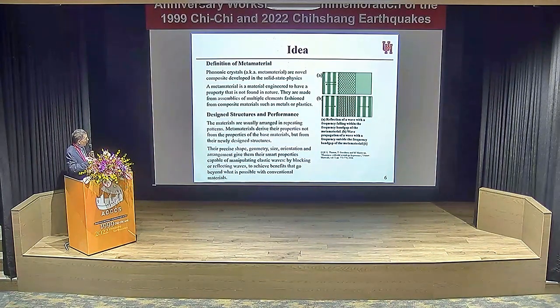They derive their properties not from the property of the base material, but from the newly designed structures. That's the key point. Their shape, geometry, size, orientation, and arrangement give them their smart properties.